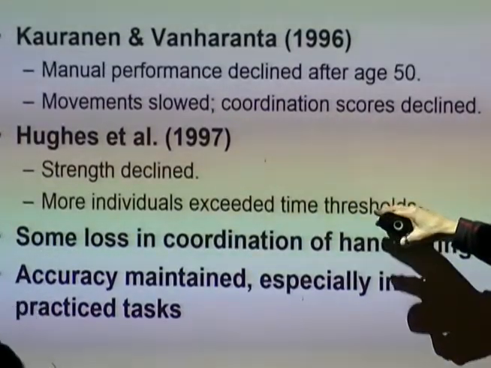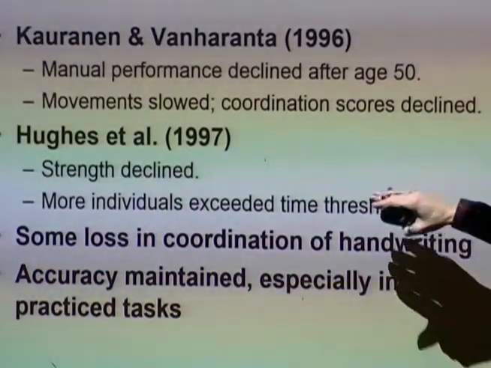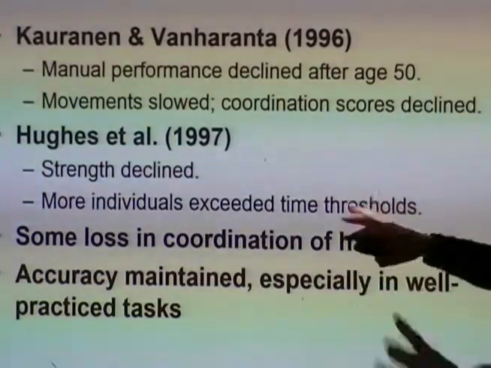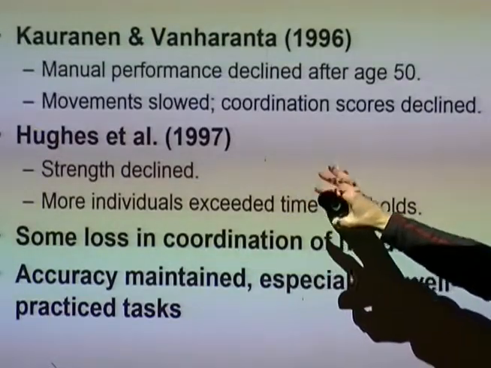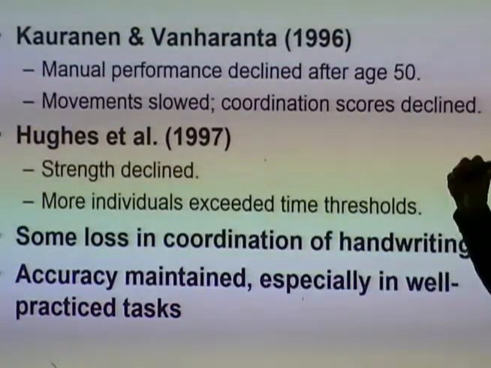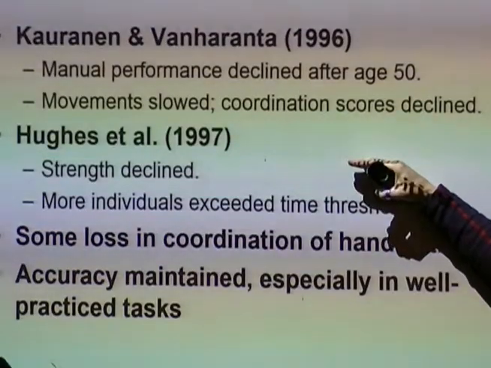Strength declines. So again, if we stay active, we can't prevent strength declining. You can't prevent it, but you can slow it down so that the impact on your independence is less. Okay?